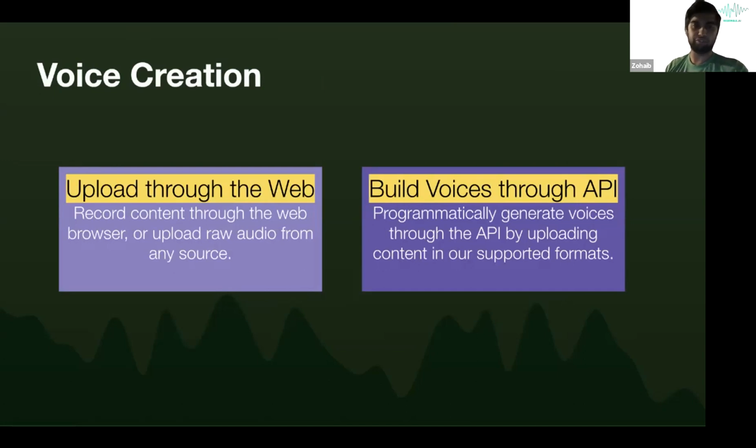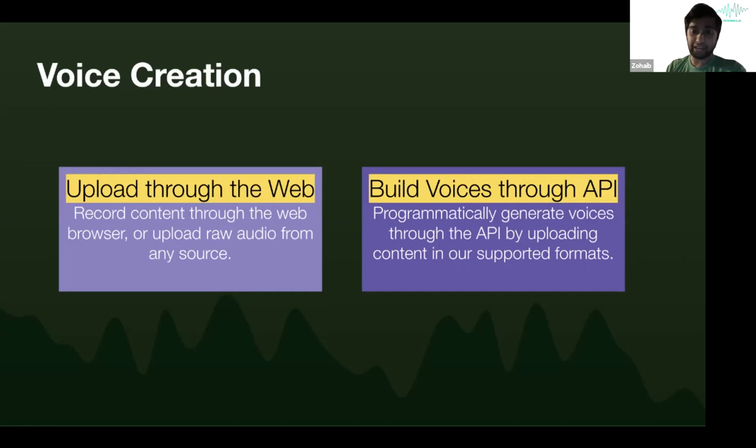It's very useful when you have very targeted domains that you're working with. So for example, if you're working with something that is a game, instead of reading the prompts that we give you, it's better if you just read the script, or a script that's more natural to what you actually want to generate. And the second way of building voices is through the API.